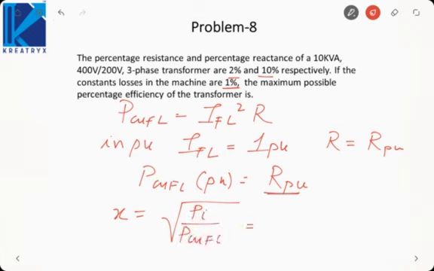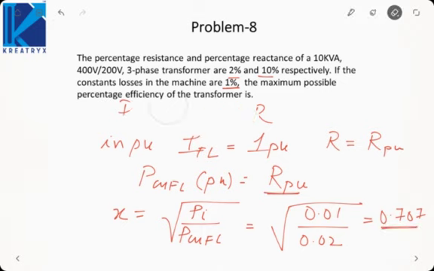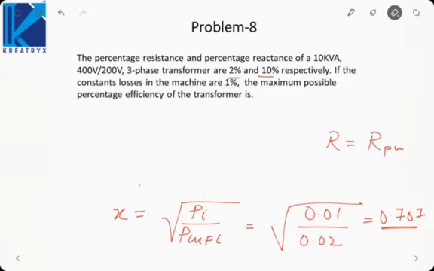We can keep both of them in per unit. Constant losses are 1%, that is 0.01, and resistance in per unit is 0.02. So this will be 0.707. At this amount of loading, we will have maximum efficiency. Now let us try to calculate the efficiency from the expression that we have studied.